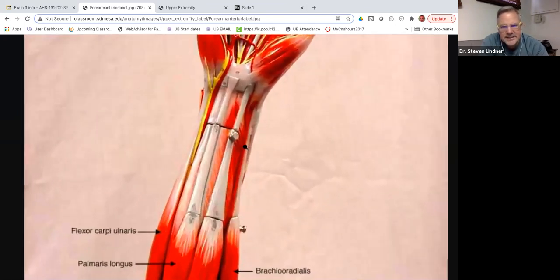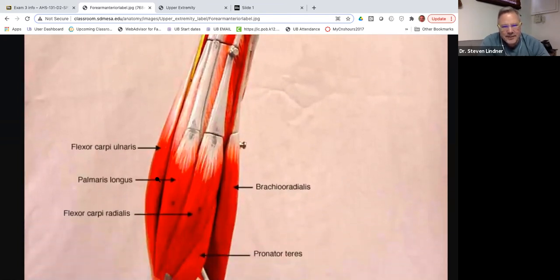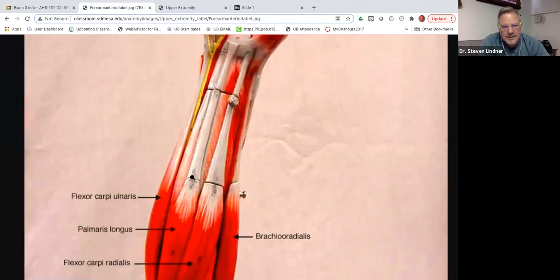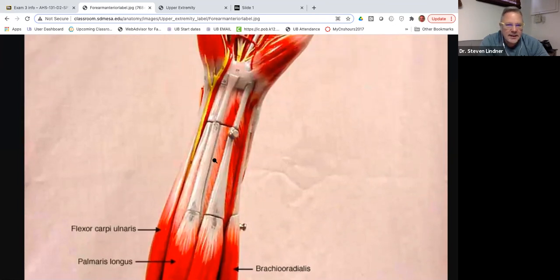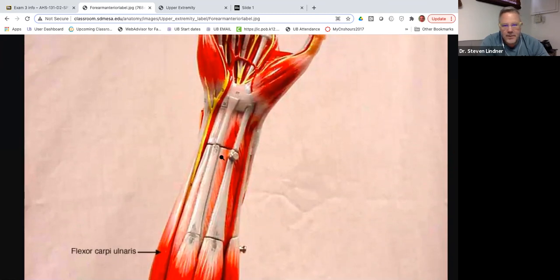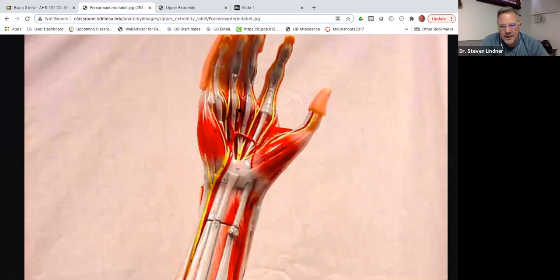Now, what we can see in the anterior forearm, deep to these superficial muscles, we can see the belly of another muscle here, the belly of the same muscle here, and the belly of the same muscle here. So deep to these tendons is a large muscle of the forearm's anterior, and that happens to be a major muscle that contributes to these tendons here that are going to go to the digits.